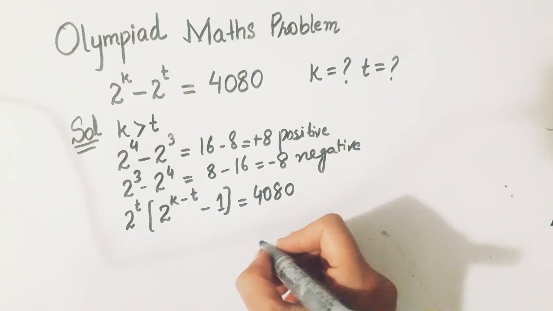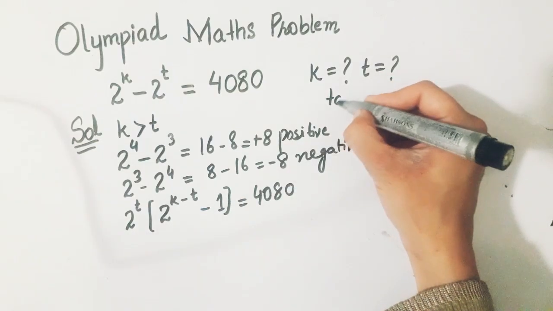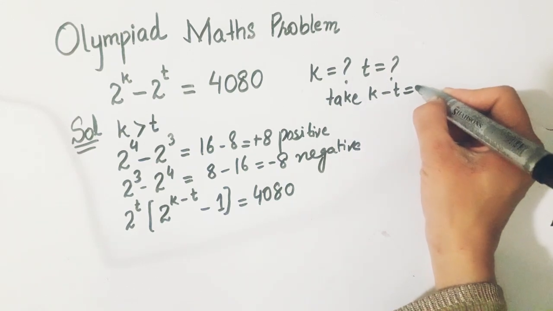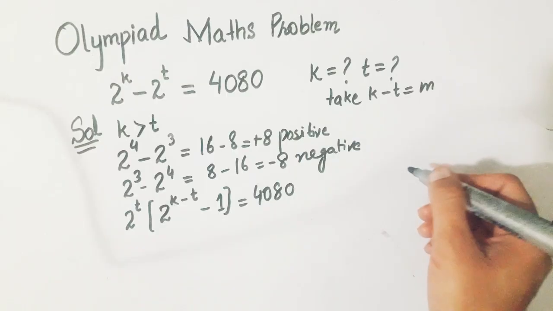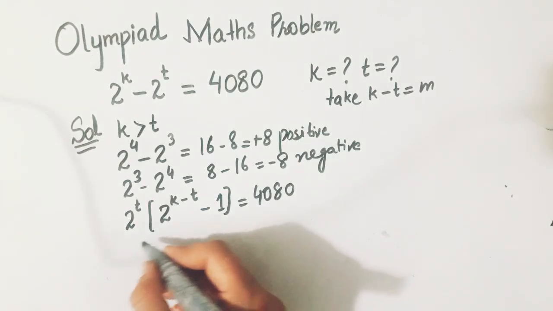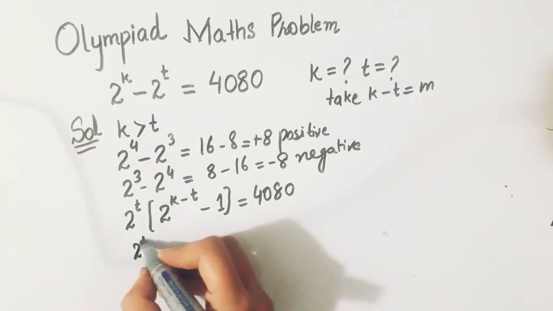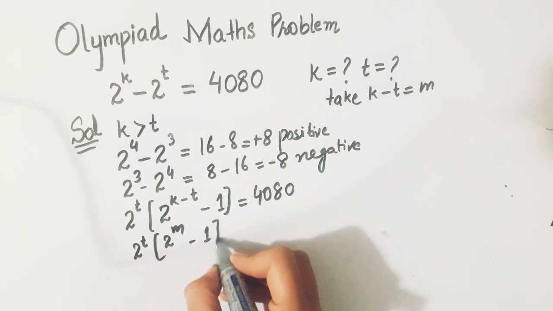Now in the next step, we will consider k minus t equals m. So we have here 2 raised to power t into 2 raised to power m minus 1.